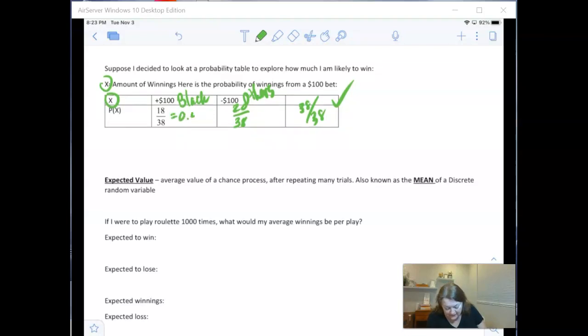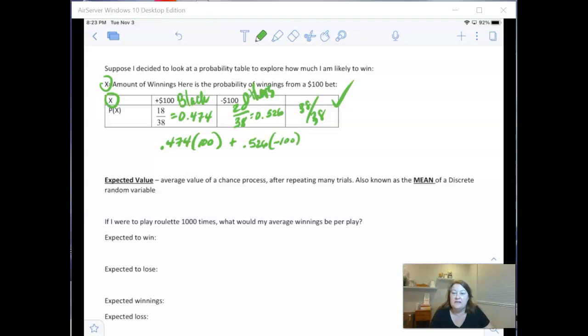This is 0.474. This is 0.526. So let's take a look at these. So if I only have a 47% chance of earning $100, 0.474 times $100, and I only have a 52.6% chance of losing $100, they're not equal.